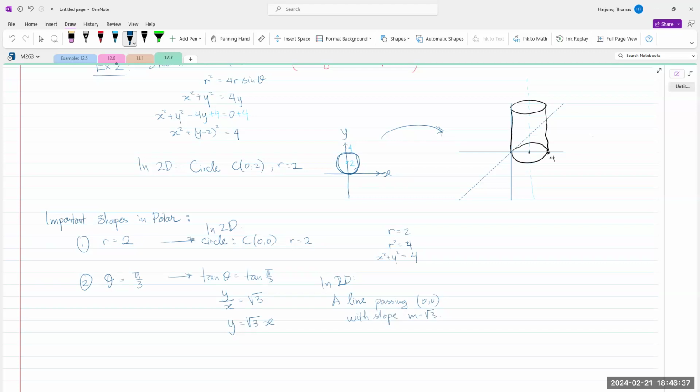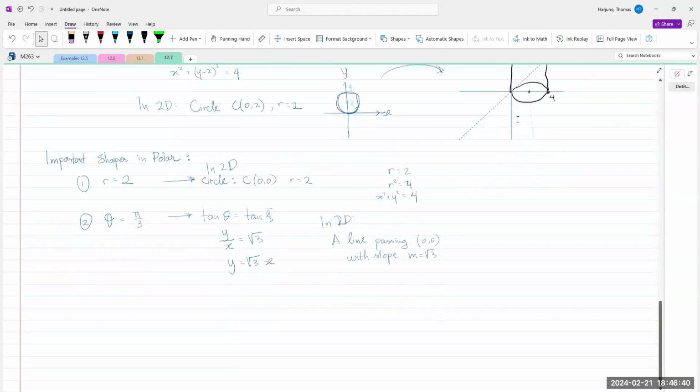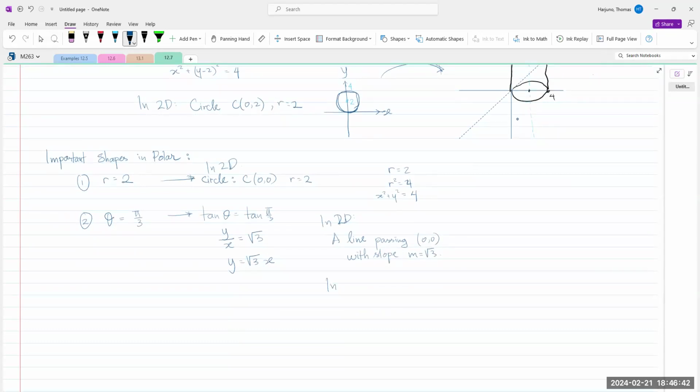But what happens in 3 dimension? Let's try to sketch that. So this is our x, this is our y. The slope is radical 3, so maybe it looks like this, where the angle here is pi over 3.